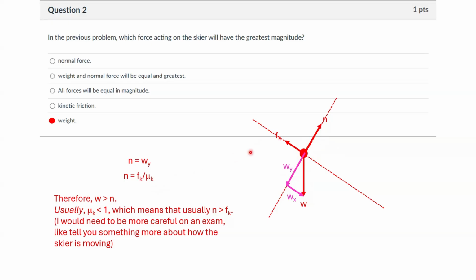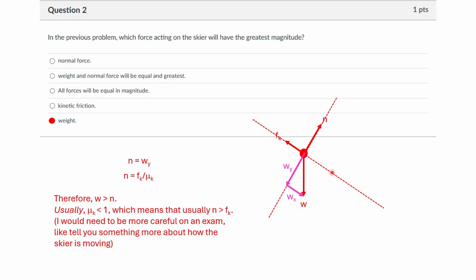Normally, the coefficient of friction is less than 1, such that normally we would assume that normal force is greater than a frictional force. On a test, I would have to go a step further to make this unequivocally clear, like by providing something about the kinematics.